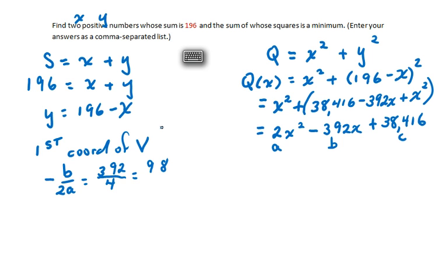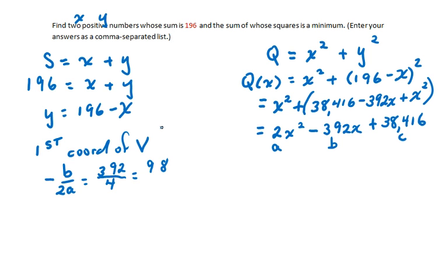So the first coordinate of the vertex is 98. And that is going to be the x coordinate that gives us the minimum value for the sum of the squares.